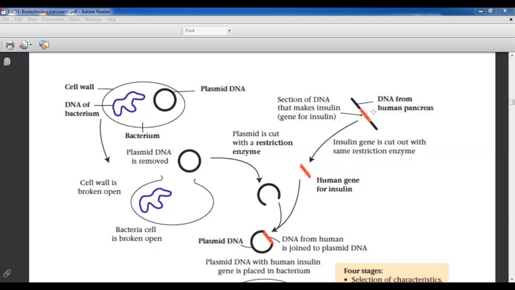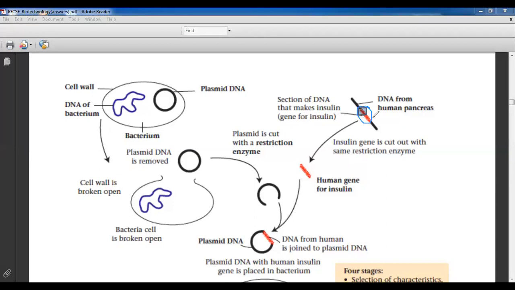So here my gene of interest is this gene. This is a sequence of DNA. This gene codes for insulin. So first of all, I will isolate the DNA of human.